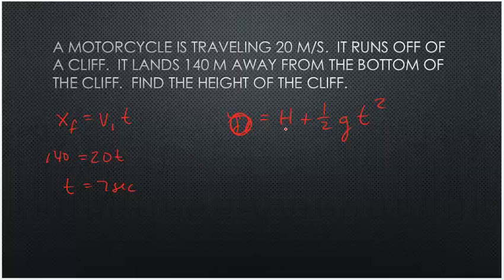The height is what I want to find. The time is 7, so it's 0 equals h plus negative 4.9 times 7 squared. What you get here then is negative h, once I take the h to the side, equals negative 240.1, or the height of the cliff is 240.1 meters.